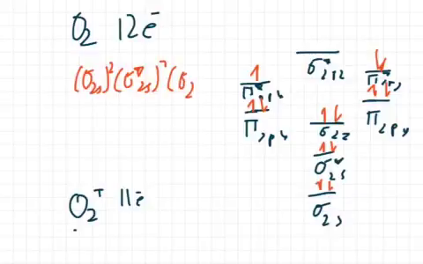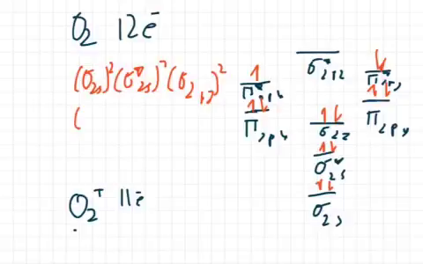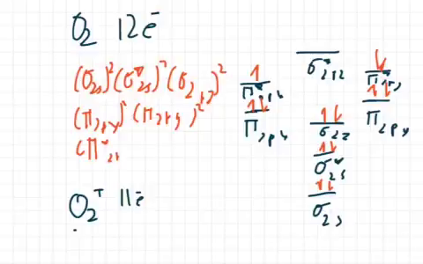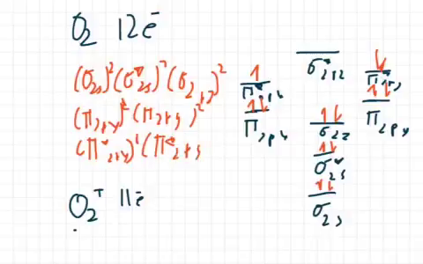So pi 2pz squared, sigma 2pz squared, pi 2px squared, pi 2py squared, pi star 2px 1, and pi star 2py 1. So 2, 4, 6, 8, 10, 11, 12.